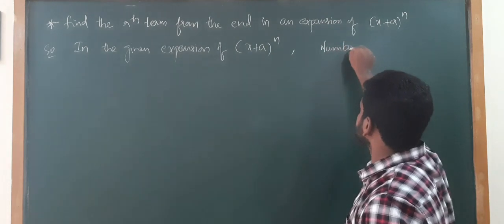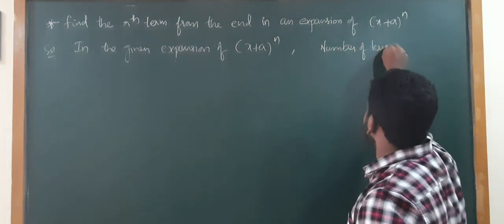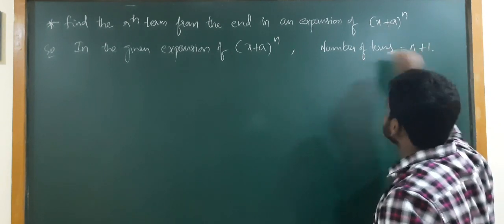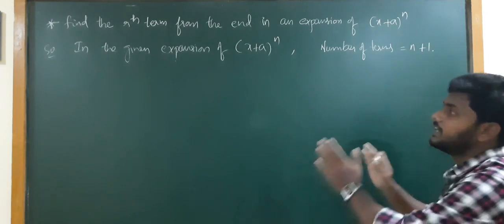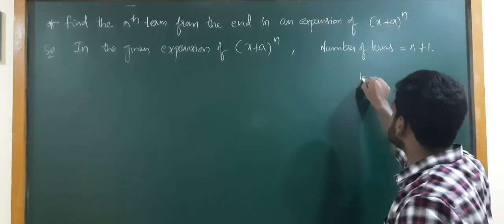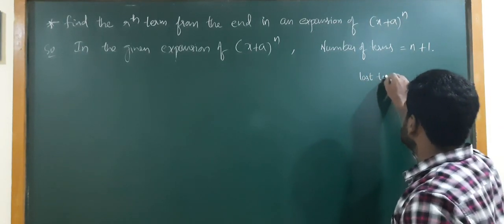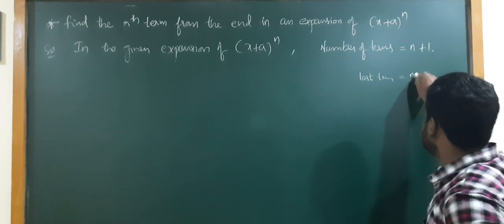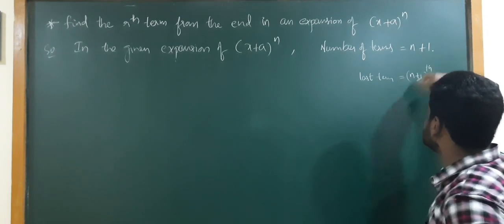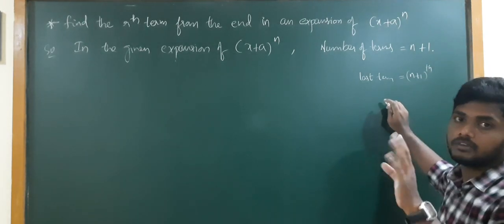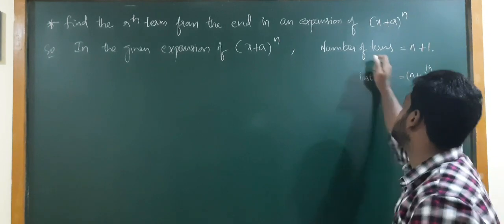Number of terms is equal to n plus 1, right? If the index is n, the number of terms will be n plus 1. By using this, if you want to find the last term, that means the n plus 1th term, right? And if you want the first term from the end, that is also the n plus 1th term only.